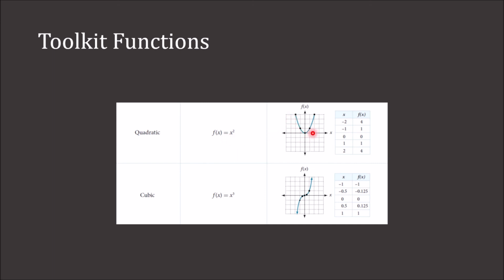This shape is a parabola, and it's not 1 to 1. We then have the cubic, f of x equals x cubed, which results in almost an S shaped thing. Kind of looks like a sideways S. And this is 1 to 1.